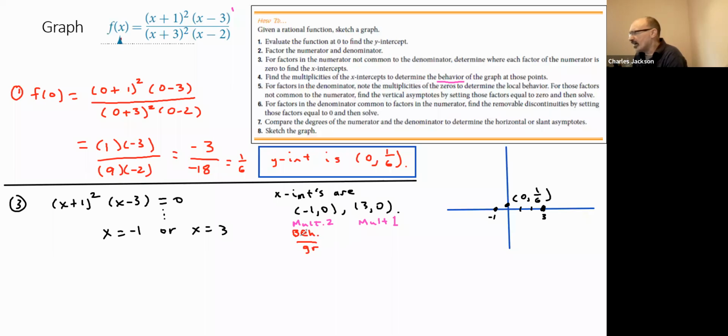So graph bounces. For the other one, it has an odd number for its multiplicity, and it's just 1. And we know from the theory that in such a case, the graph just crosses straight through the x-axis.